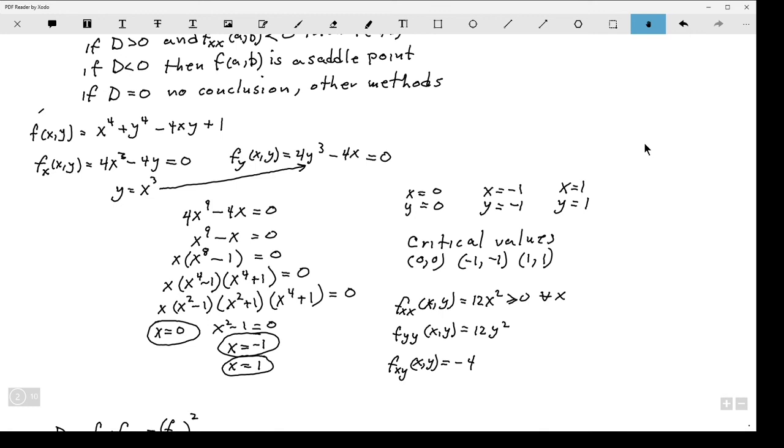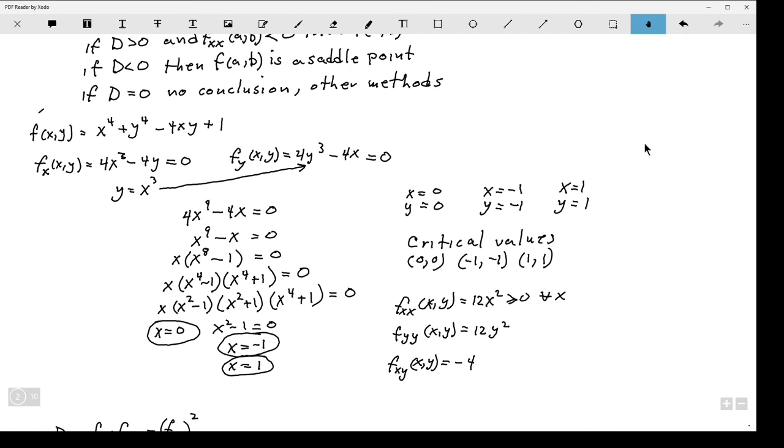Now, the other method that we're going to talk about, and I'm going to talk about this in the next video, is what's called Lagrange multipliers. They tend to be used on problems where you have more of an application and a constraint that is a little more complicated.